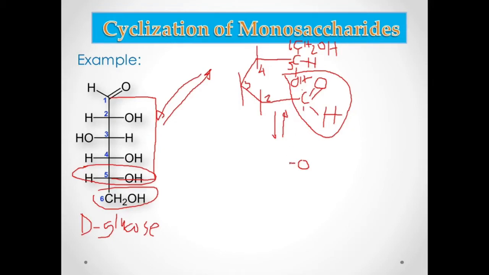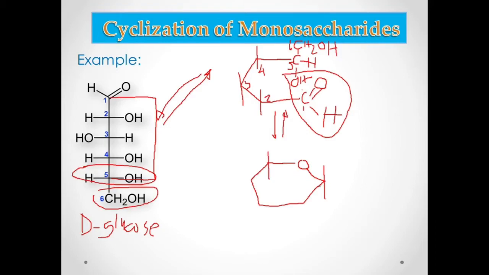So you first create a 6-membered ring that contains your oxygen. Is that 6 already? 1, 2, 3, 4, 5, 6. Your carbon number 1 will be found here, and your carbon number 5 and number 6 will be found there.